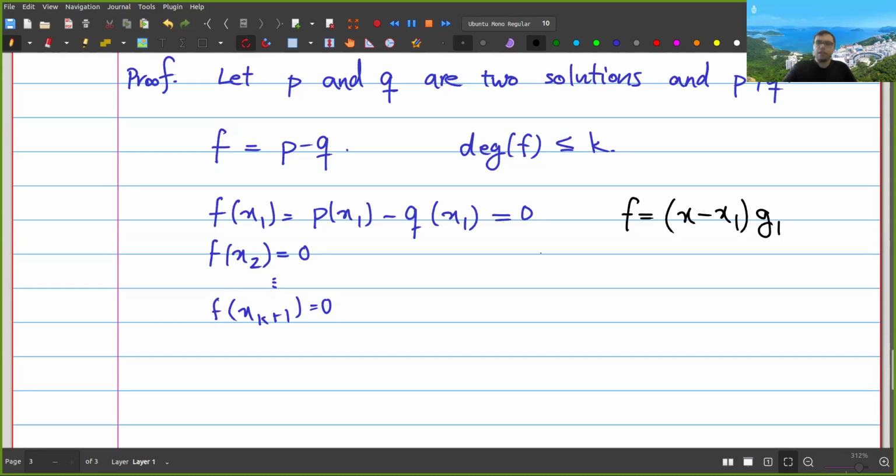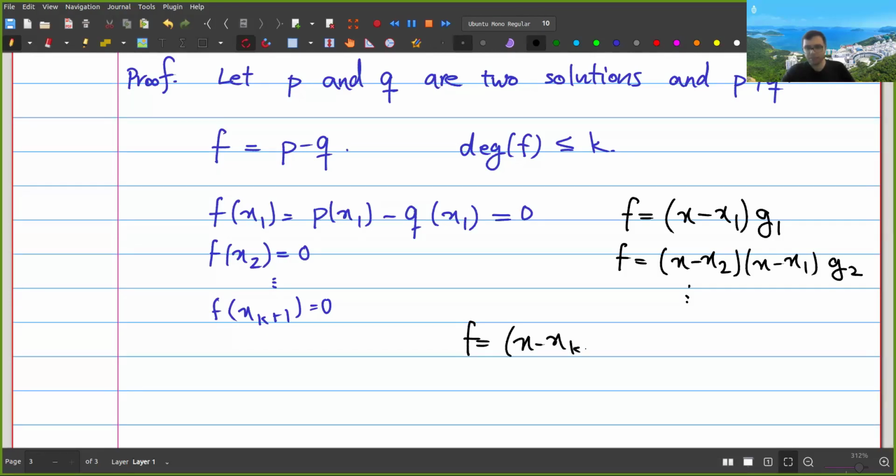Now, f of x2 is also 0. So this means that f should be of the form x minus x2 times x minus x1 times something, right? And so on. And because I have k plus 1 of these, it means that f looks like this. It's x minus xk plus 1 times x minus xk, and so on, times x minus x1 times something else.